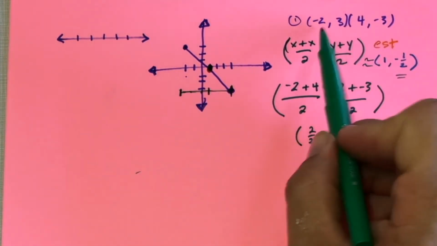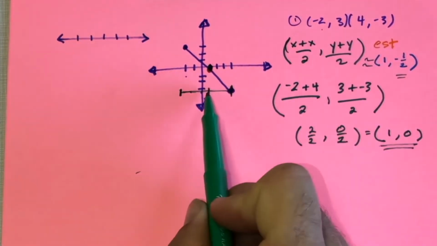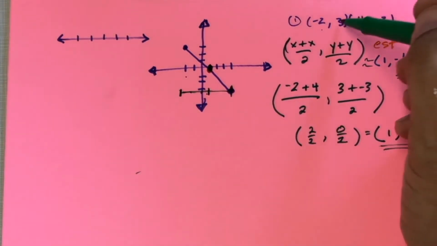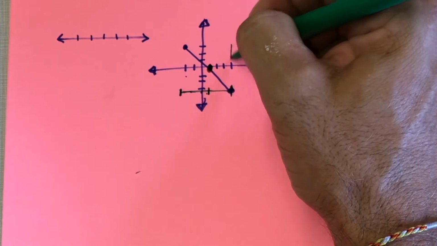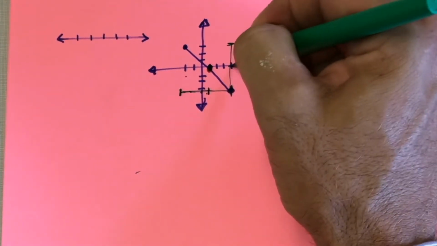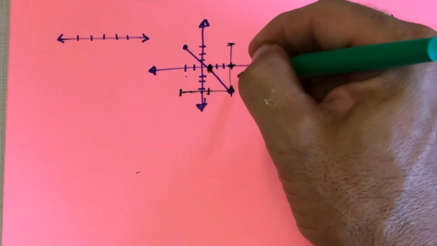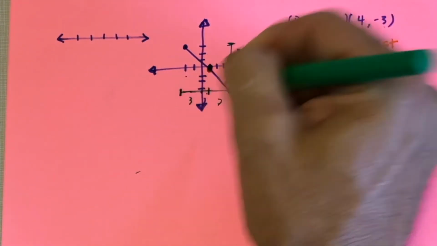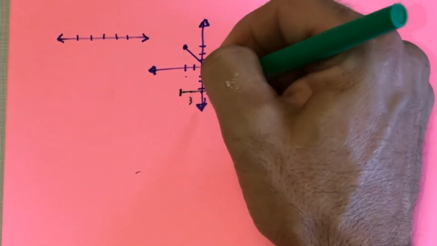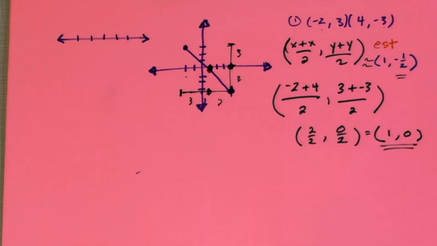Remember, we found the midpoint of -2 and 4. That's where that was. And then the distance between our y's is also 6. And if I were to say, okay, distance of 3, same thing here. If you see, that's where our midpoint is created here.